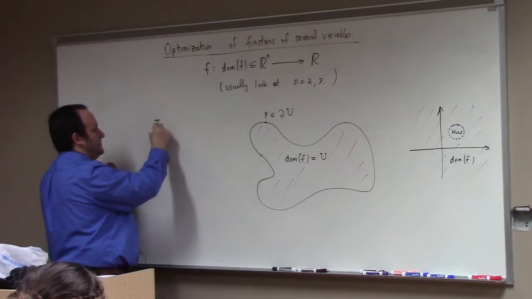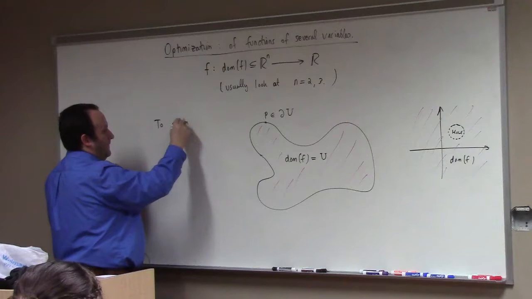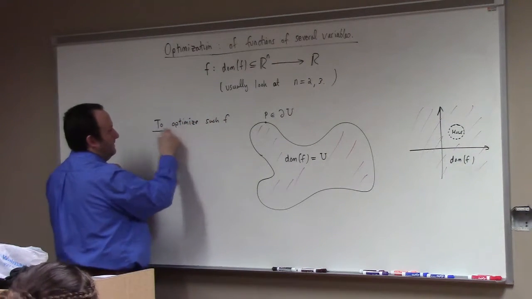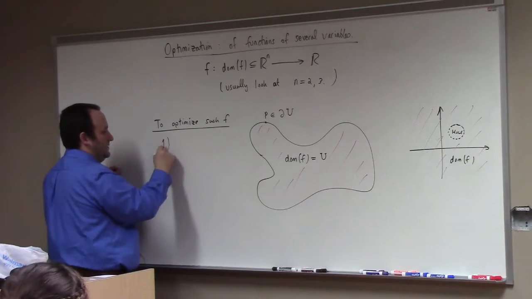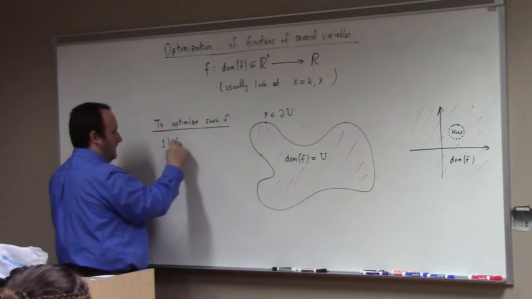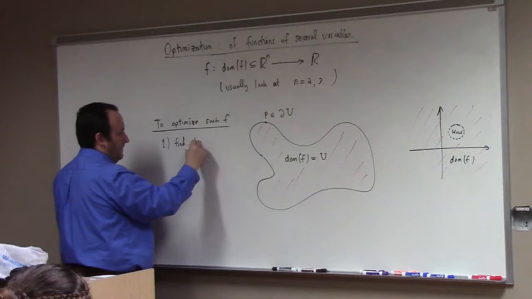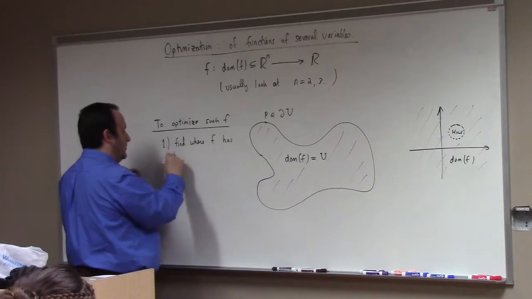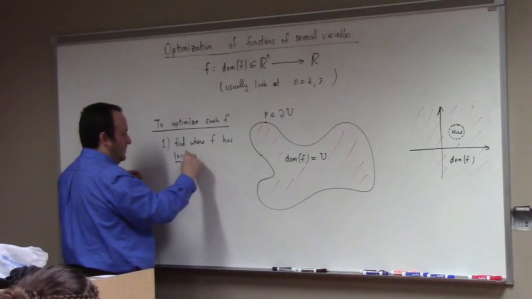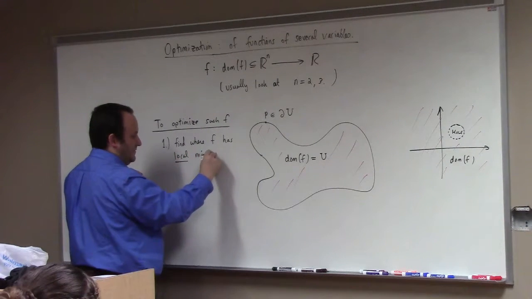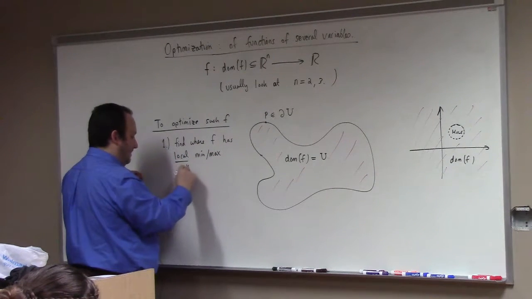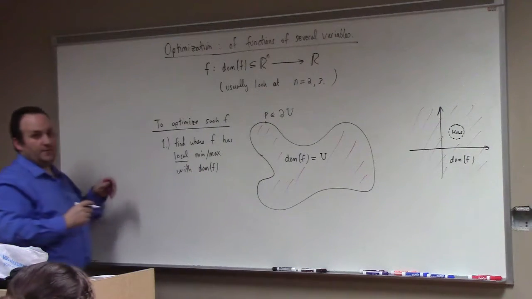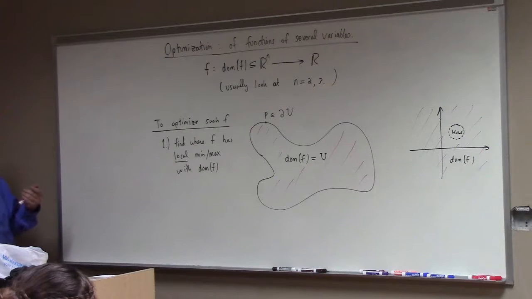To optimize such an f, number one, you have to find where f has local mins and maxes within the domain of f, right, within U. So what would a local min or max be?